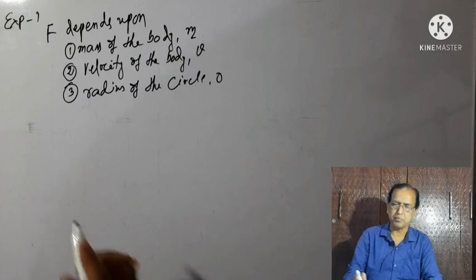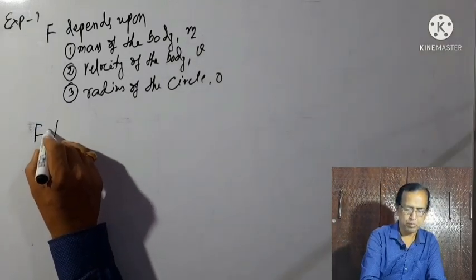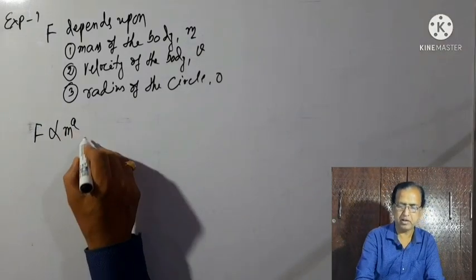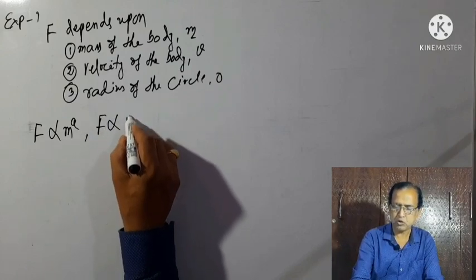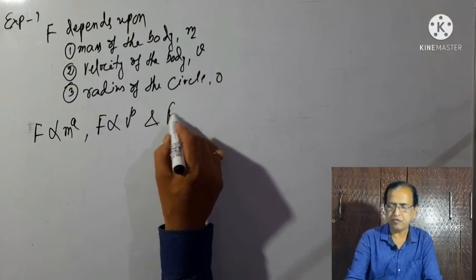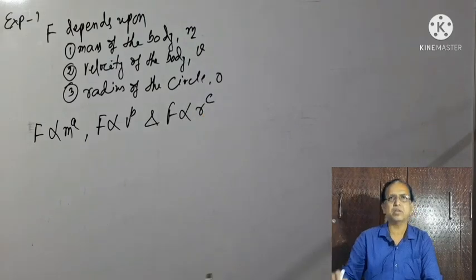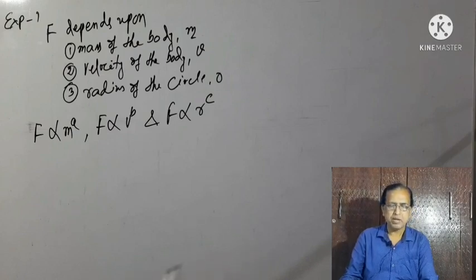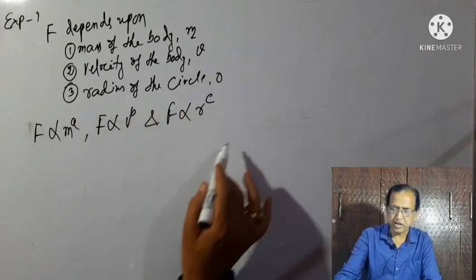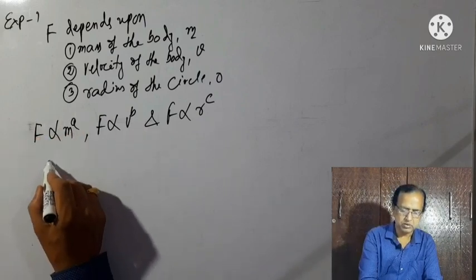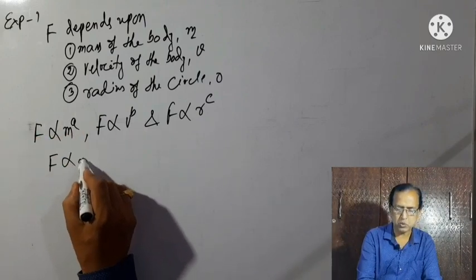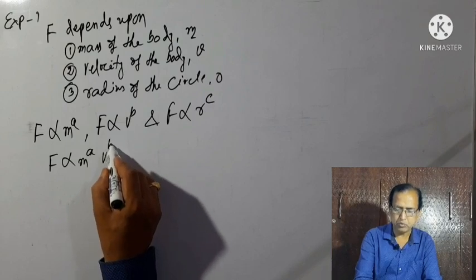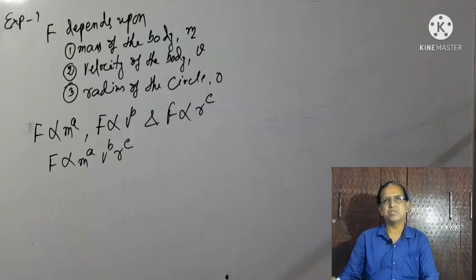The force depends on three factors: mass of the body, velocity of the body, and radius of the circle. That means F is proportional to m to the power a, proportional to v to the power b, and proportional to r to the power c. A, B, C are dimensional constants. Combining these three factors, F is proportional to m to the power a, v to the power b, r to the power c.